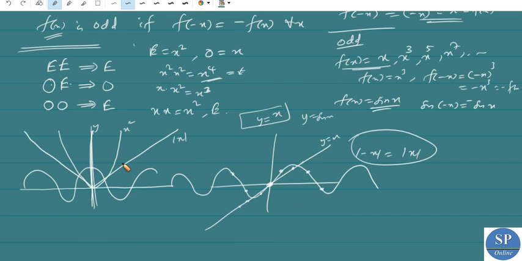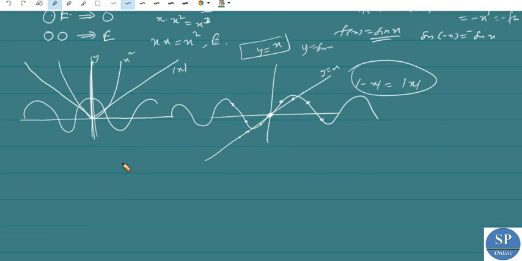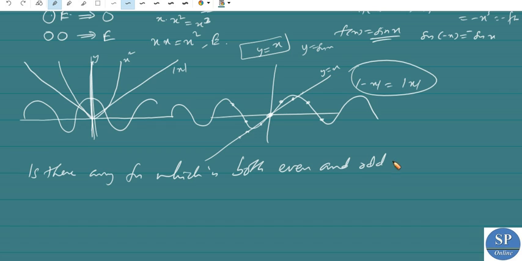Now I am asking you two questions. First question: is there any function which is both even and odd? Okay, you just try to find the answer to this question without looking into the textbooks.